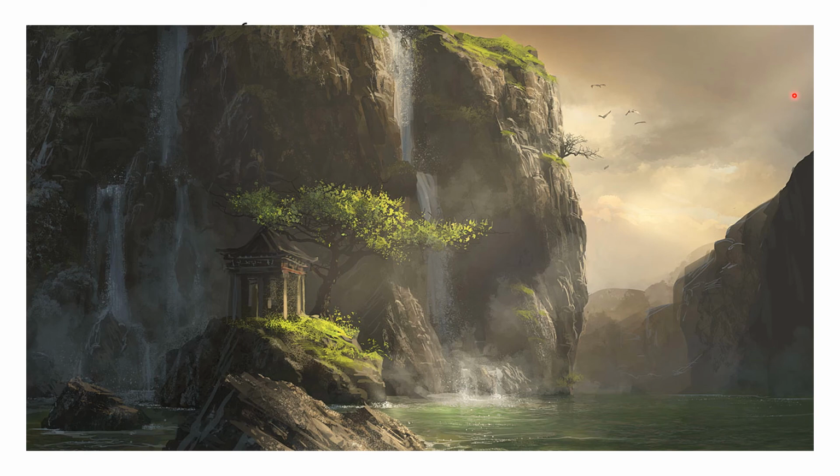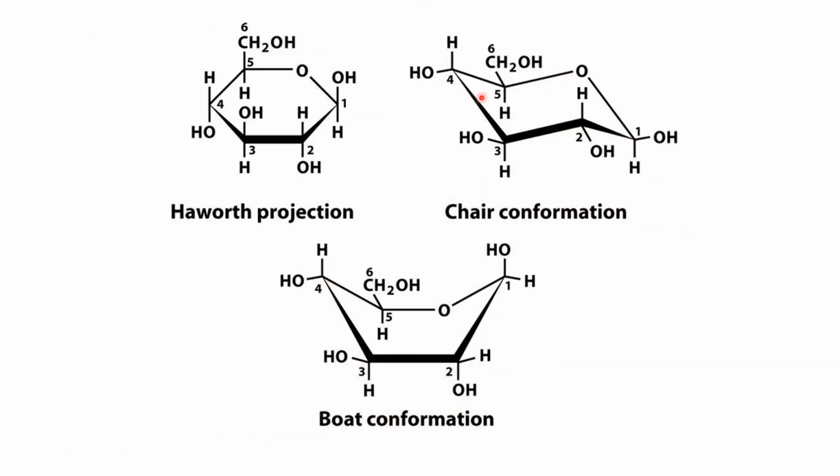And see here, this is Haworth presentation. This is beta D glucose because OH group is above the plane. And we have the chair conformation here. See here. And we have the boat conformation here. These two conformations are possible.